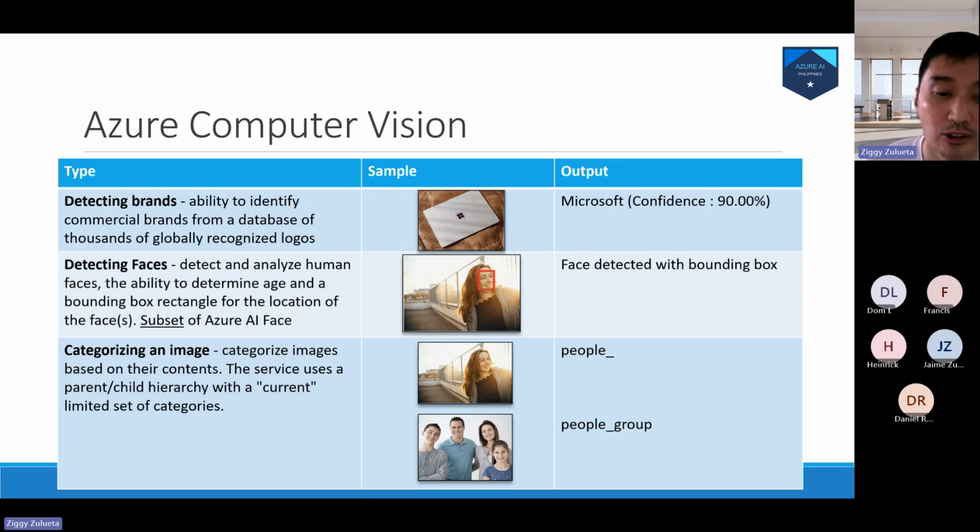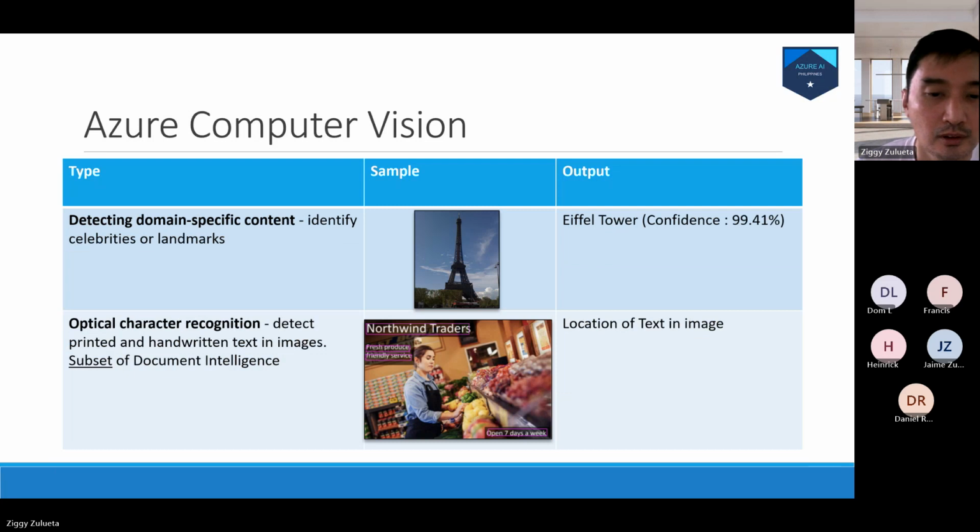And then you can also categorize the image. In this image here, it's a people category. And for this one, it's a people group category. And then from there, it can also detect domain-specific content. In this image, this Eiffel Tower, it will give you a confidence level.